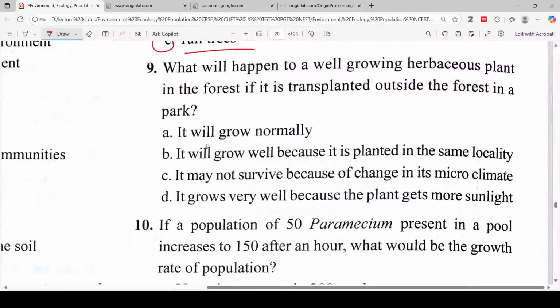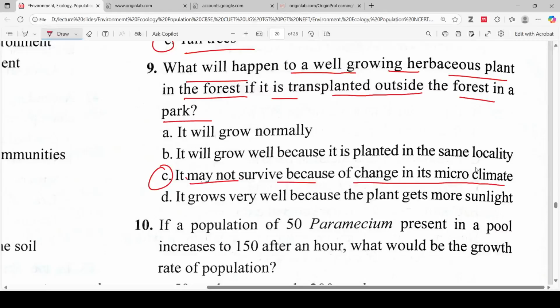The next question, what will happen to a well-growing herbaceous plant in the forest if it is transplanted outside the forest in a park? So the correct answer will be option C. It may not survive but change its microclimate.